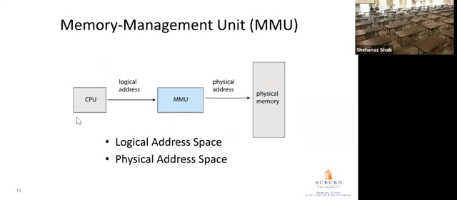So if the CPU encounters a logical address as part of executing a given instruction, it provides that logical address to the memory management unit, which converts it to the corresponding physical address and fetches the corresponding element from physical memory. So that's the difference between logical and physical address spaces.